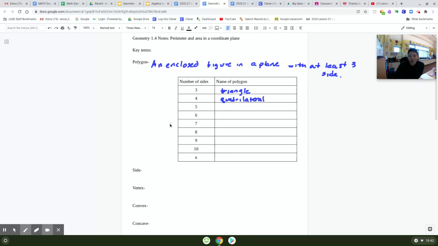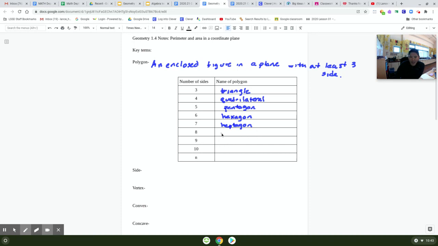A polygon with five sides is a pentagon, like the Pentagon in Arlington, Virginia. A polygon with six sides is a hexagon. A polygon with seven sides is either a heptagon or it could also be referred to as a septagon.